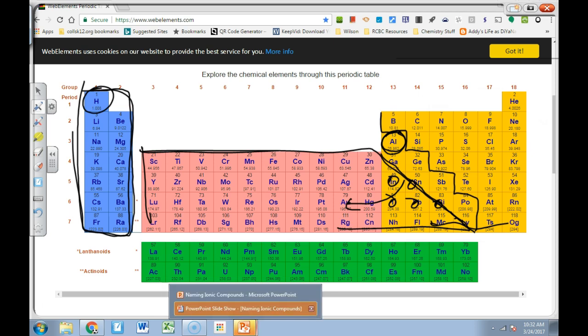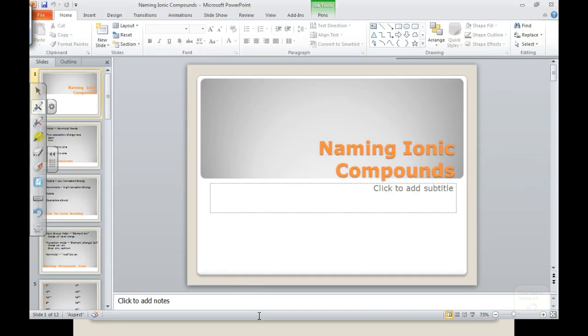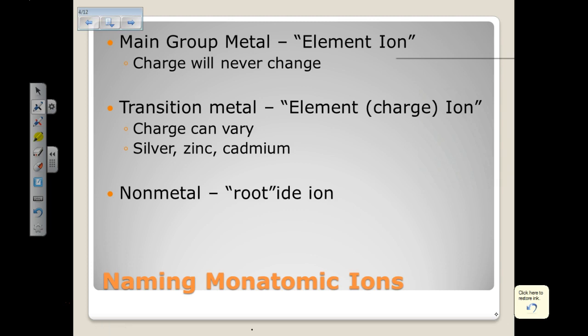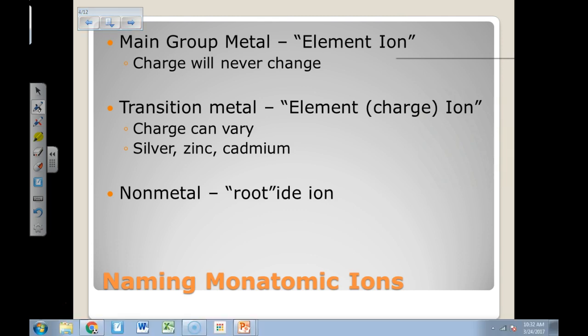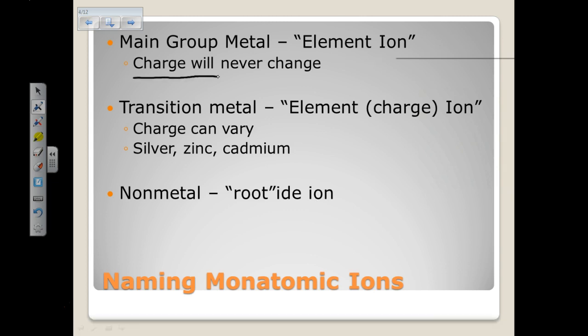Okay, so let's go back here. I want this guy. The reason why we can separate these things out into main group metals, transition metals, and then the nonmetals is that the main group metals, this is so utterly important, the charge will never change on a main group metal.